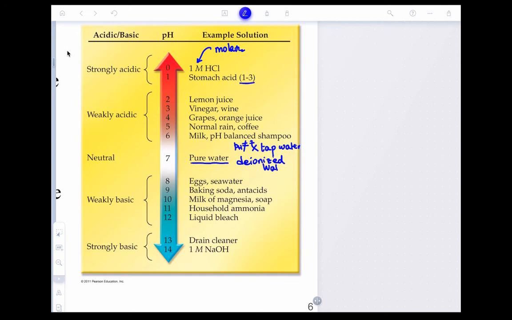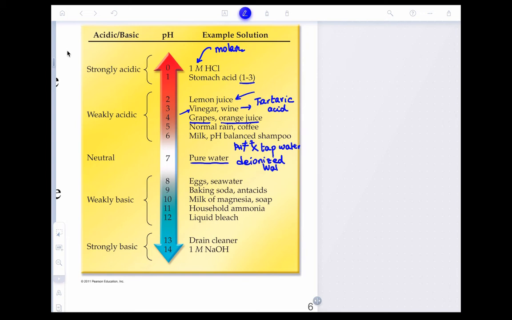Your citrus fruits, citric acid, like lemon juice, vinegar, and wine contains tartaric acid. So anything that contains an acid is going to show you a low pH. Grapes contain tartaric acid. Orange juice contains citric acid. Normal rain contains a little bit of acid, and that's because of the pollution.